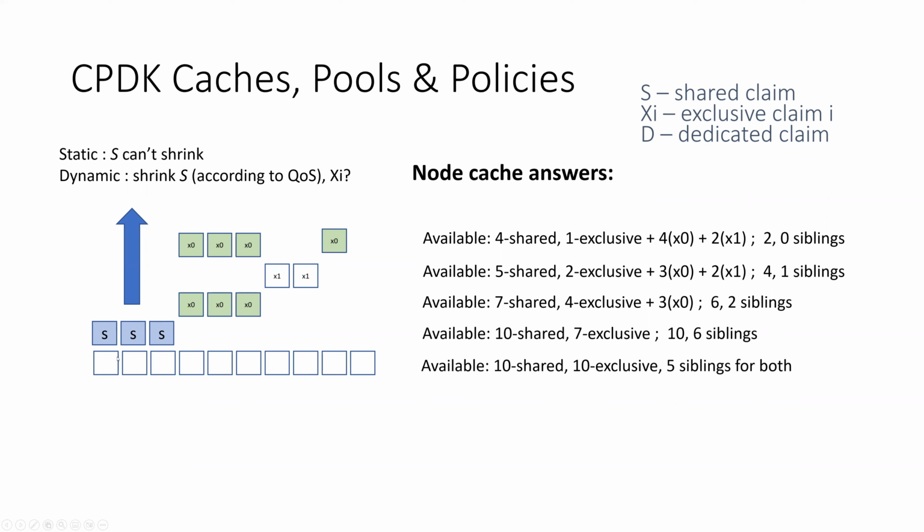Any kind of claim can use the shared pool if there are cores available. That's a little bit more about the initial semantics, what we were thinking about with these shared and exclusive pools.